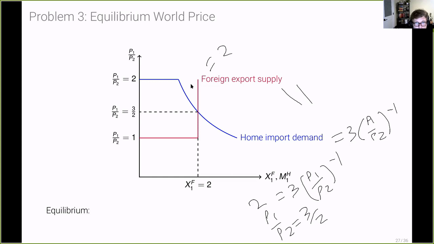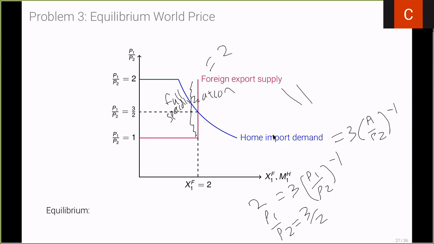Fortunately, I find that it falls in this nice full specialization zone. And so I find a price that actually works, with foreign's export supply equal to 2 and home's import demand given by that value. Does that make more sense?